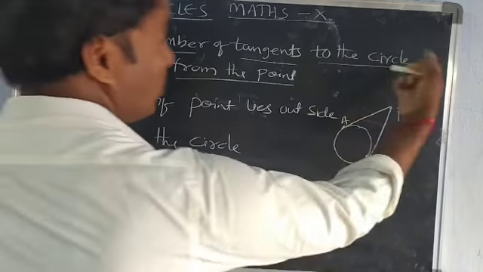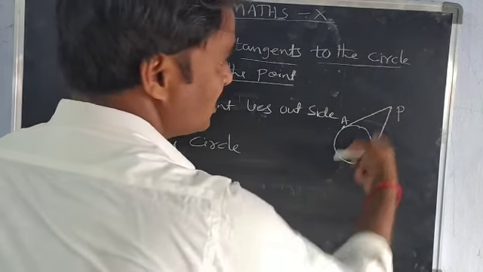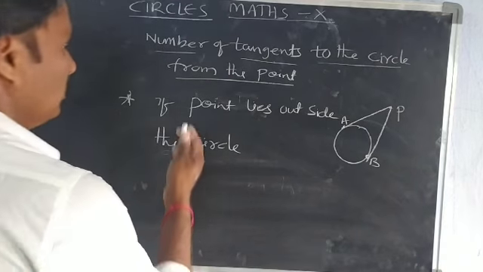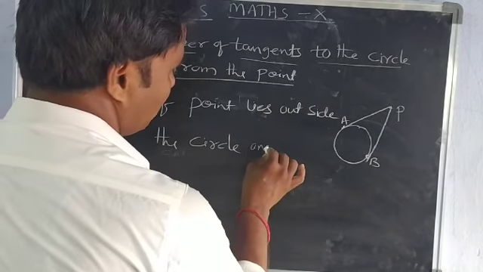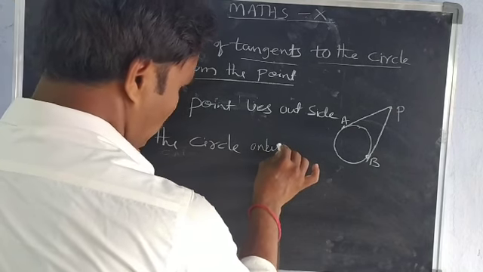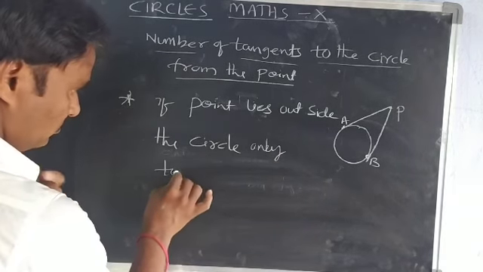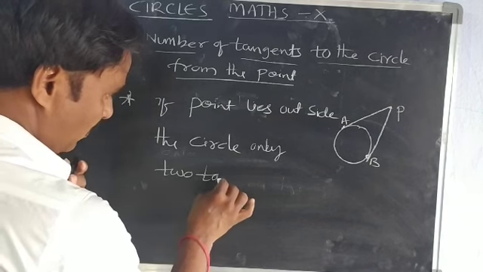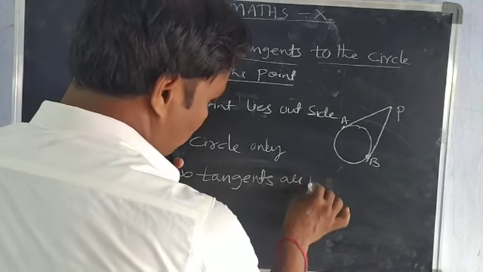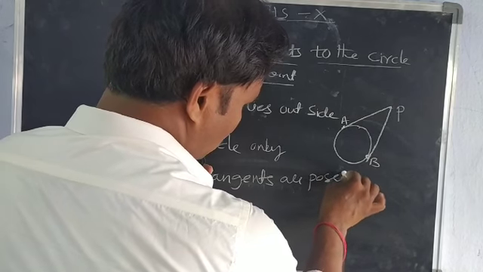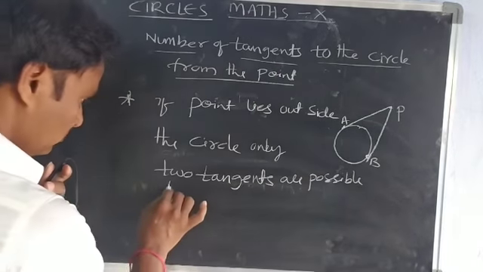So if the point lies outside the circle, how many tangents are possible? Only 2 tangents are possible through this point.